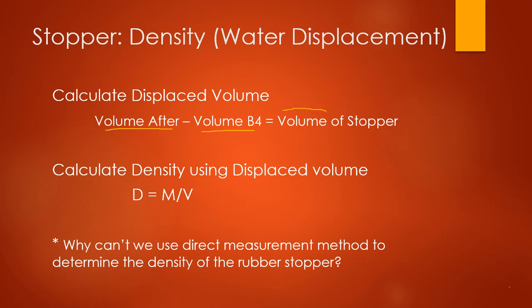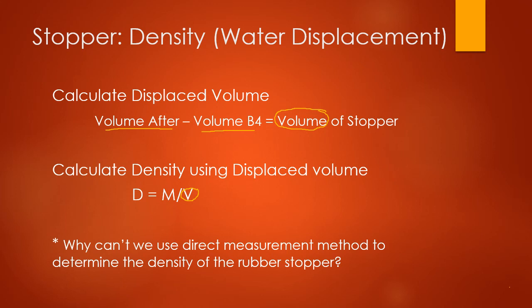This volume that you calculate, you're going to be using that as your V value in the density equation. Remember, the units on volume are going to be in milliliters since we are measuring water displacement using a graduated cylinder, which is measured in milliliters.